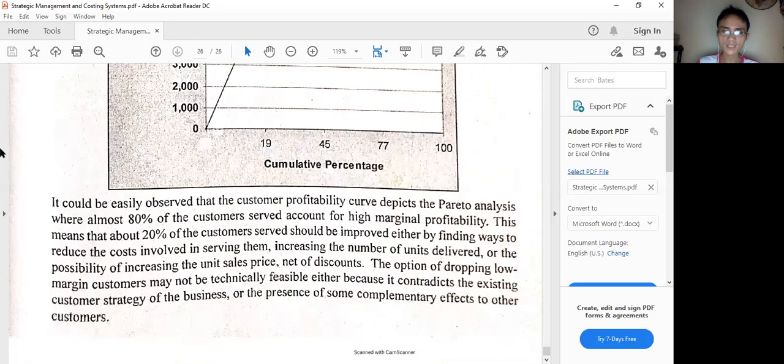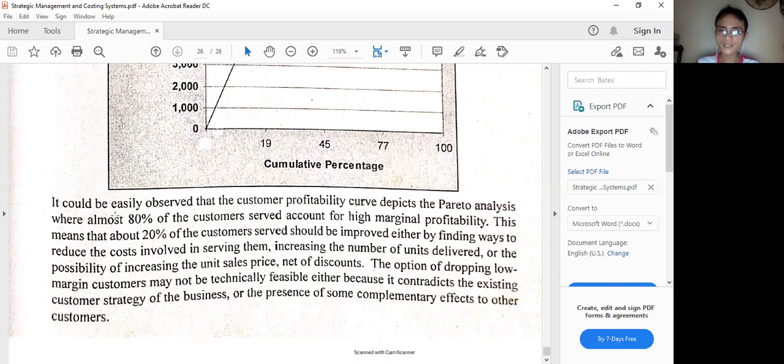And therefore, that's why the last section of this particular book discusses that the customer profitability curve is depicting the Pareto analysis, the 80-20 rule, wherein 80% almost of the customers, at 77%, very close. Actually, it's like 2 point something percent difference because of the rounded off figures from 77 point something to 80%, producing the highest marginal profitability.